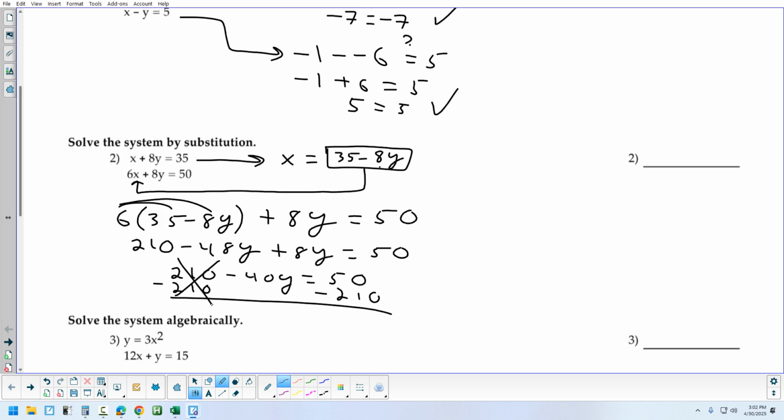And what's 50 minus 210, or think of it as 210 minus 50 and then put a negative. 160, but it's going to be negative 160.